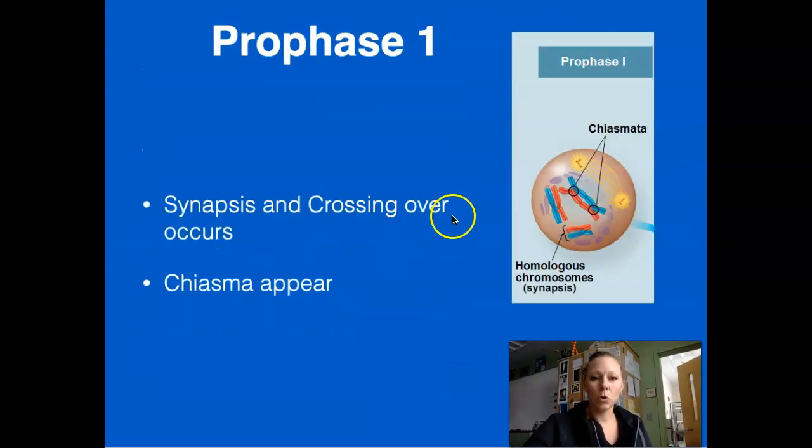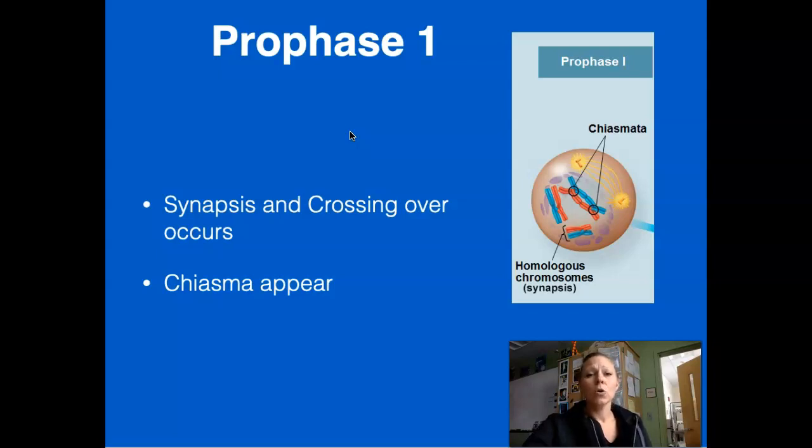So let's look at prophase. Let's look at the steps of meiosis, and where those 3 different processes fit in. As we talk about these steps, we're going to assume that you already know all of the steps of mitosis, so we're not going to talk about all of the things that are happening from mitosis because that's assumed.